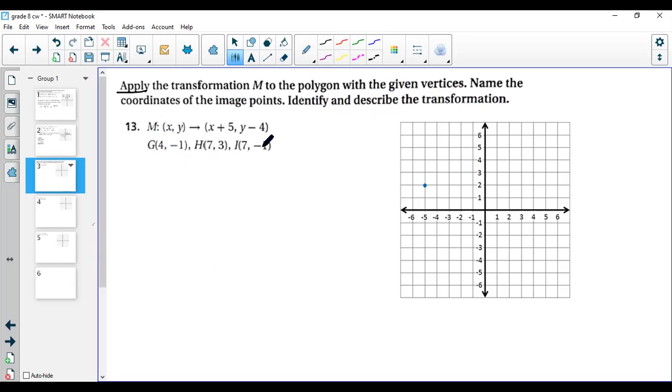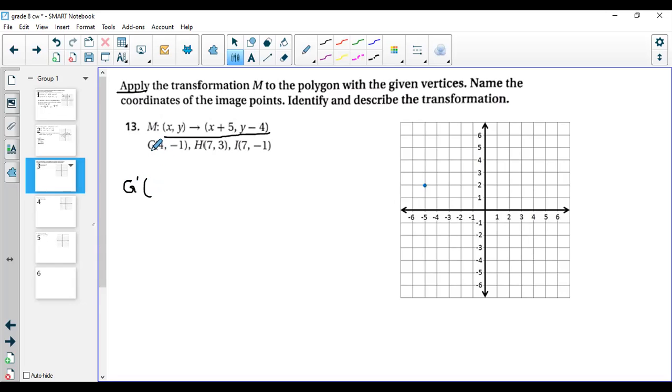So the pre-image, these are the coordinates, x, y. Now, this rule applies for dilation: x plus 5, y minus 4, which means for every value of x, you need to add 5, and for every value of y, you need to subtract 4. So let's find the image coordinates.